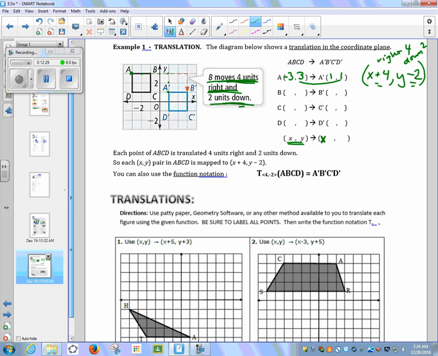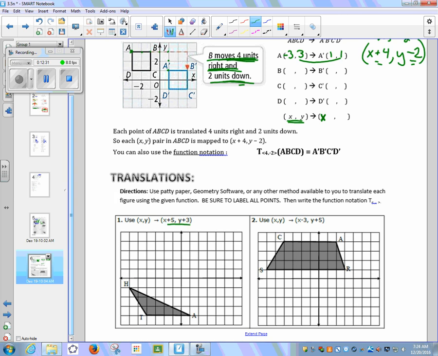So when you're asked to do that down here, it just is saying take your original x, y, add 5 to the x, add 3 to the y. So if we have this point H, here's our 0, 0, oops, 1, 2, 3, 4, 5, 6. This is negative 6, negative 1.